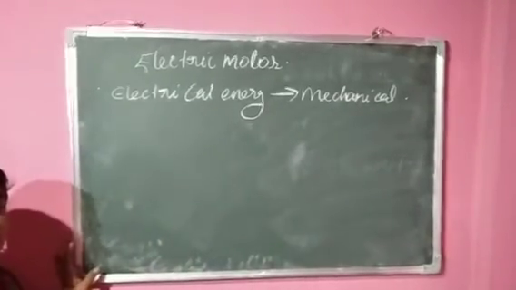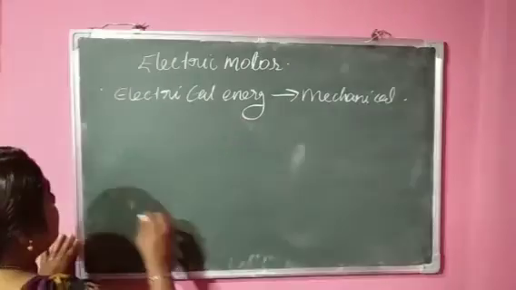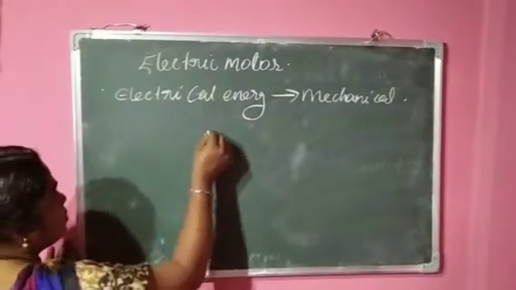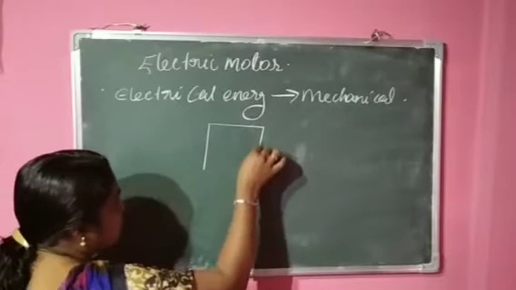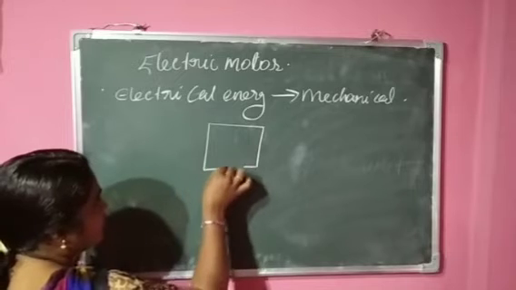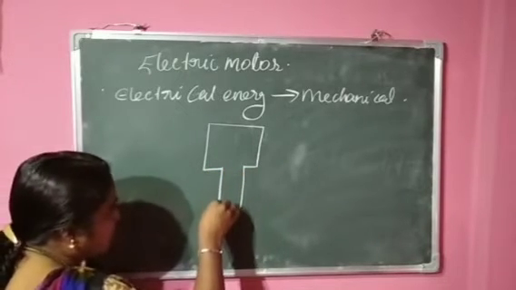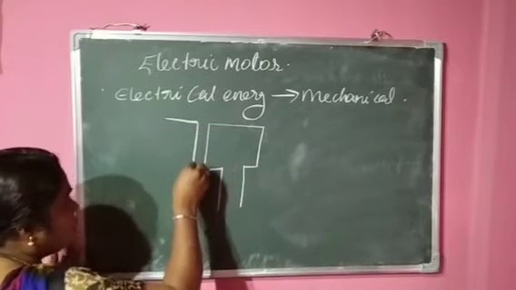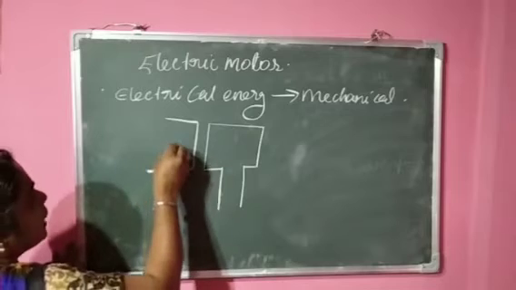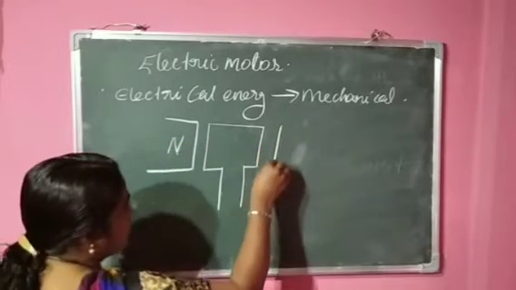Okay. Next, the parts of an electric motor. An electric motor consists of a rectangular coil. Here we can draw this rectangular coil like this. A rectangular coil, and this rectangular coil is placed in the magnetic field between two bar magnets.